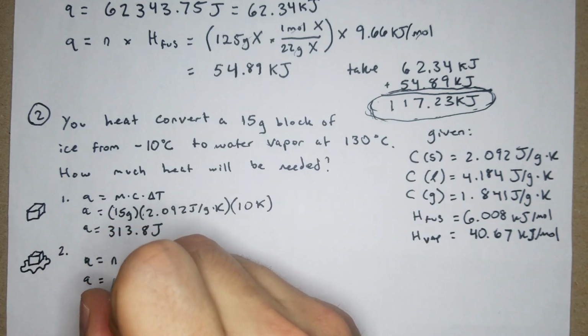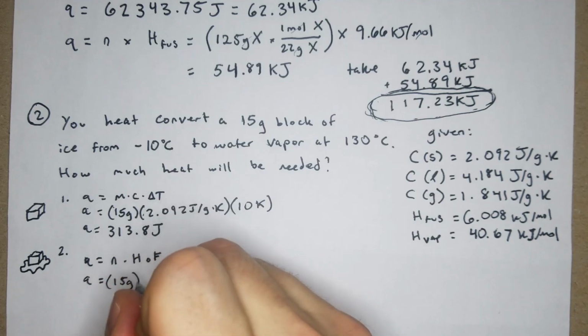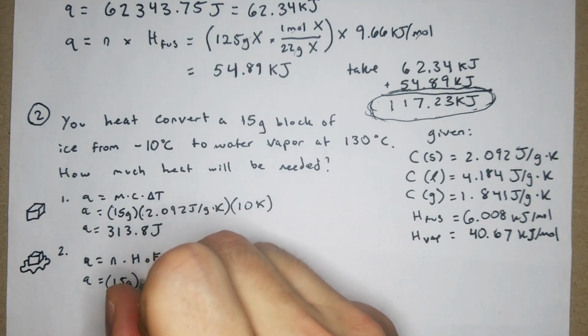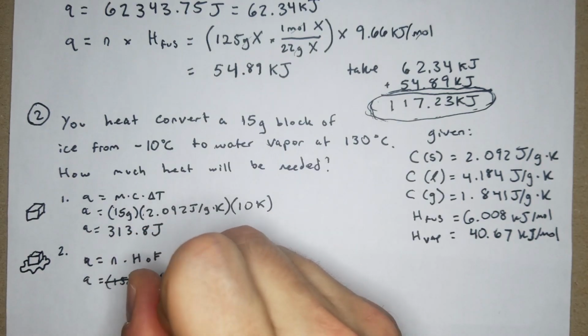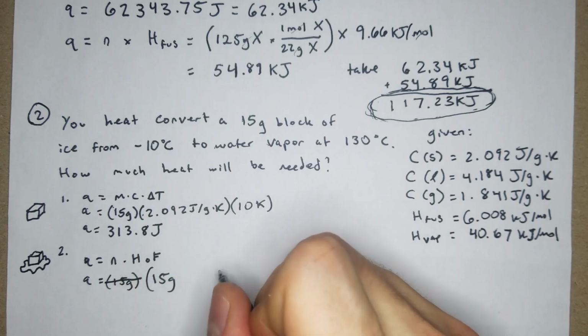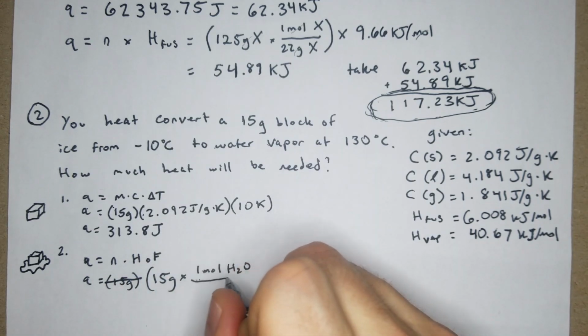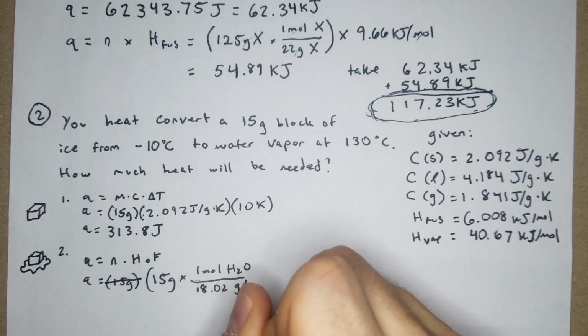We have the 15 grams of water, melting ice almost, times 1 mole of H2O over the molar mass of H2O, 18.02 grams.